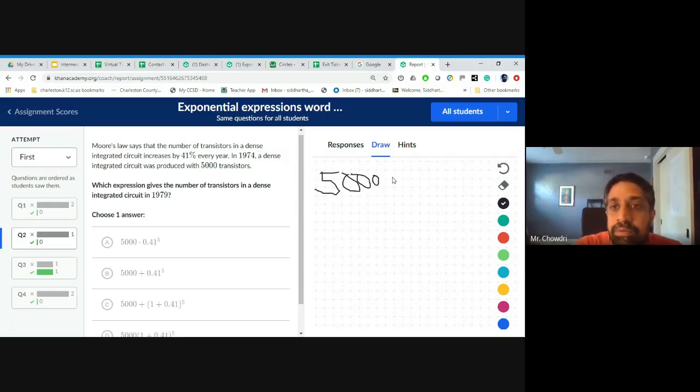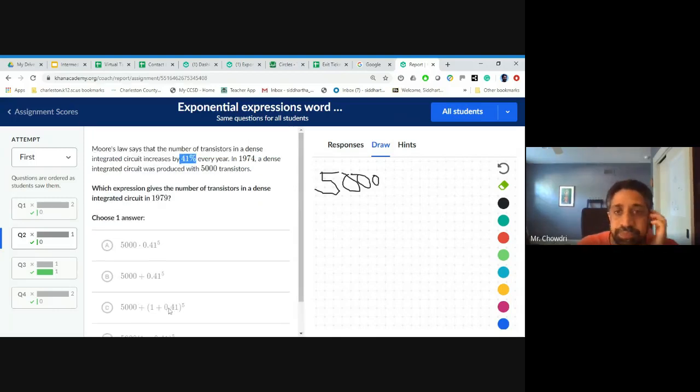And then you go times, and for each year, so how many years happened between 1979 and 1974? Well, 79 minus 74 is 5 years. So I know it's 5 years. So every year it's going to increase by 41%. I know I can turn 41% into a decimal by dividing by 100, and that gives me 0.41, which you see in all of these things here.